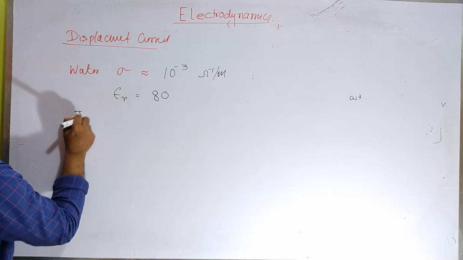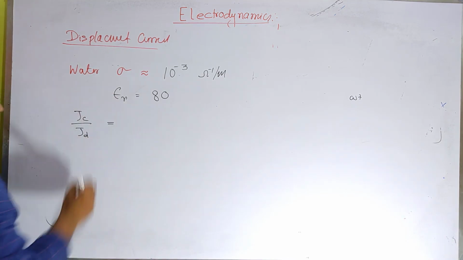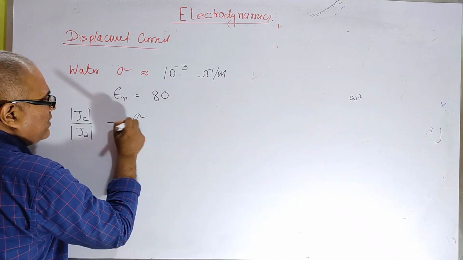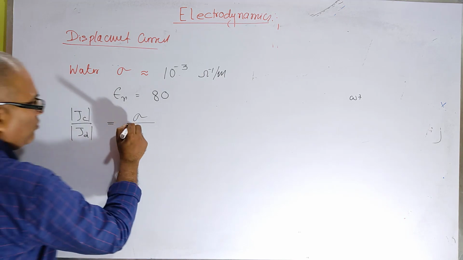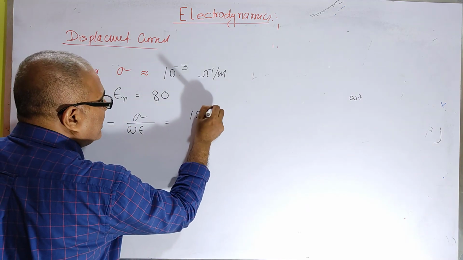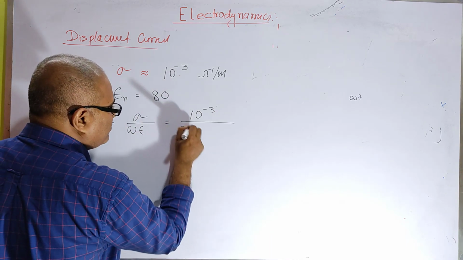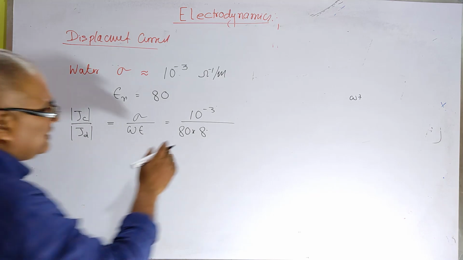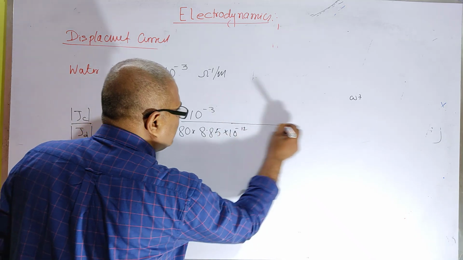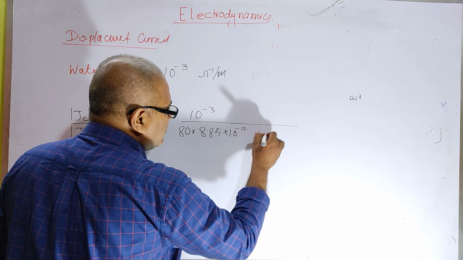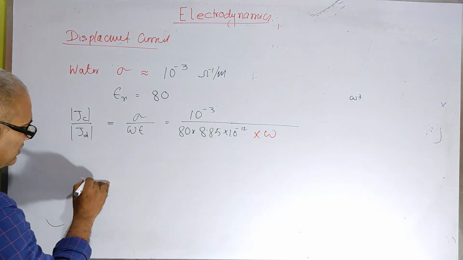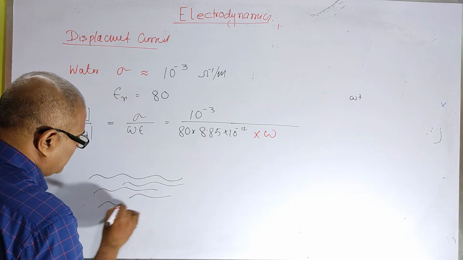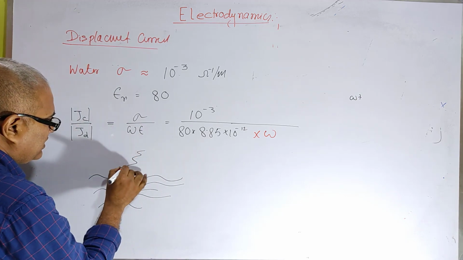Therefore, J_C by J_D for our normal water, and obviously its magnitude, sigma by omega epsilon, is 10 to the power minus 3 by, I just want to write the expression of epsilon first, 80 into 8.85 into 10 to the power minus 12 times omega. So think of the water here where some electromagnetic radiation is falling.